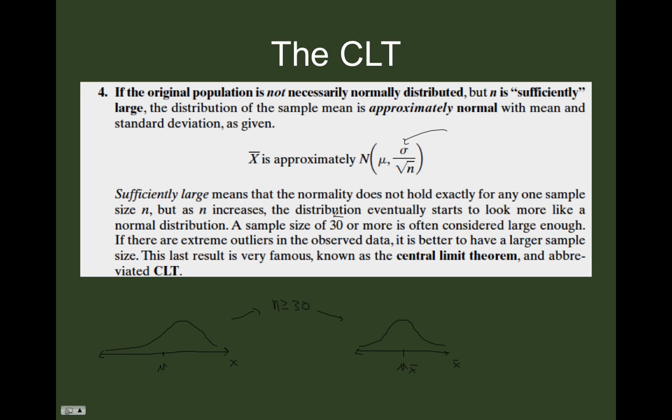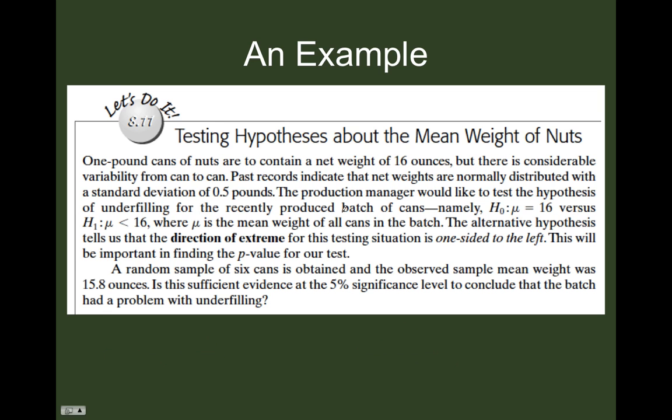So what you really have to focus on, if you're dealing with a population you believe is skewed to the left or skewed to the right, is to pay attention to the sample size and make sure that it is large enough to engage the fourth part of the central limit theorem here. Again, very complicated stuff. Let's take a look at another example.